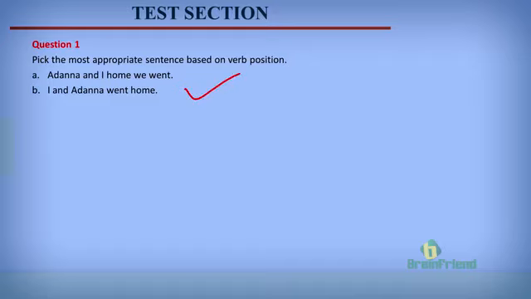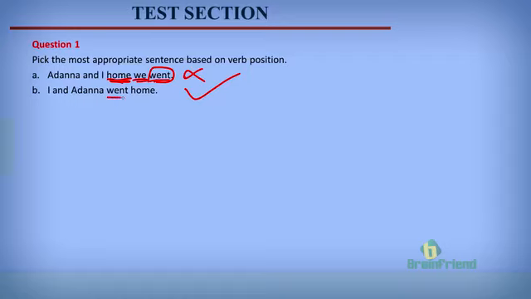Remember, I did say that verbs naturally occur after the subject of a sentence. But we find in option A that the verb occurs after the object. Adana and I, home, we went. Home is the object of this sentence, and went is the main verb at the end, so this is wrong.